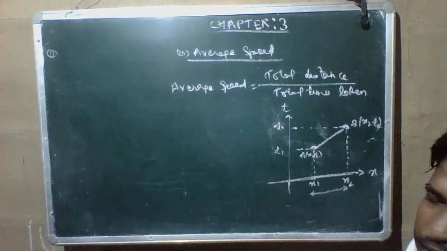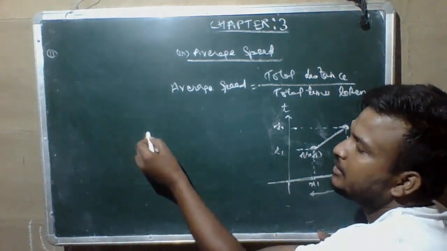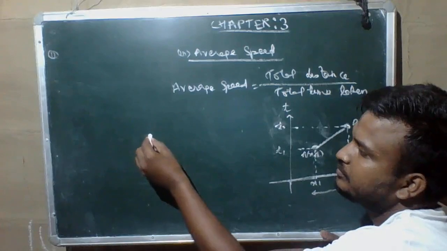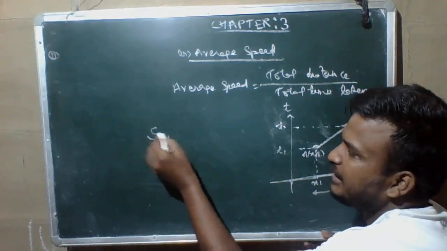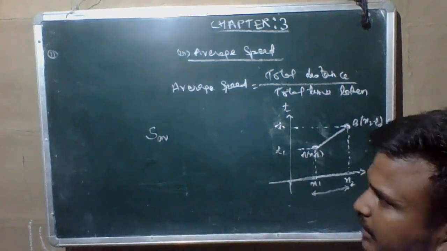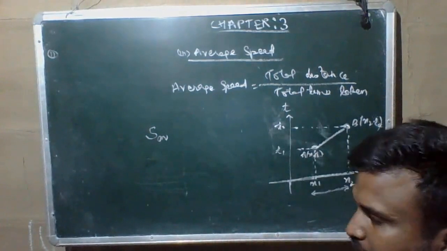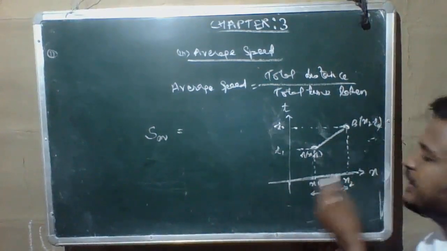Now what is the average speed formula? Average speed, AV. This S means we have taken speed here and AV means average. So what will be average speed? The average speed formula is nothing but total distance divided by total time taken. How much total distance is covered?